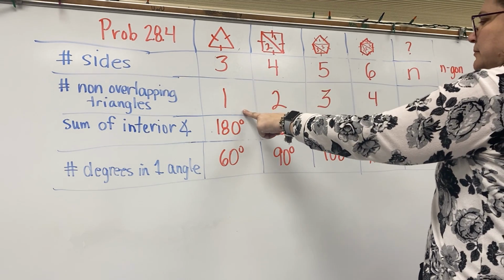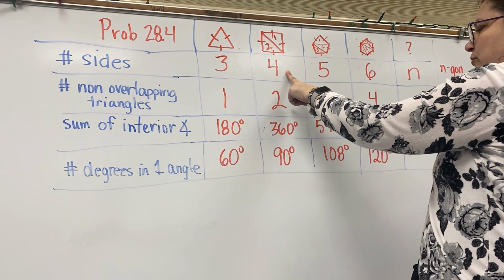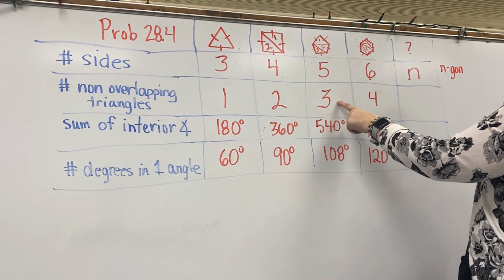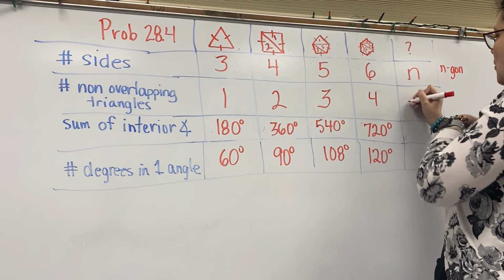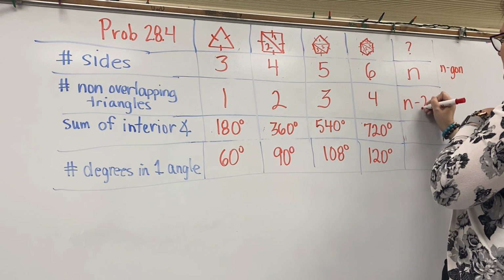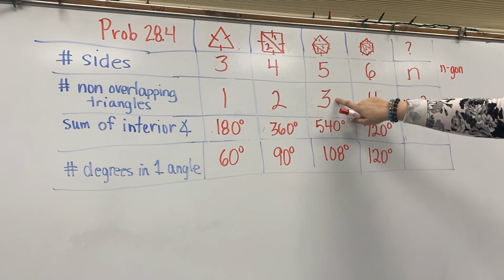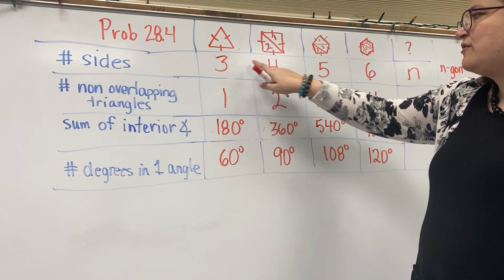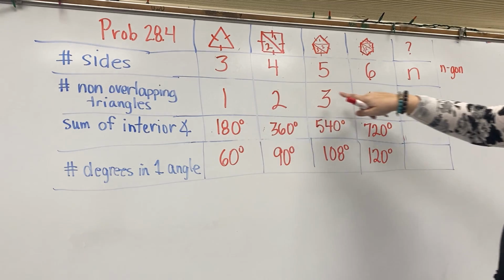What's our pattern? 3 minus 2 is 1, 4 minus 2 is 2, 5 minus 2 was 3, 6 minus 2 is 4. Whatever n is, I'm going to subtract 2. Whatever the number of sides is, if I subtract 2 away, that's the number of non-overlapping triangles.